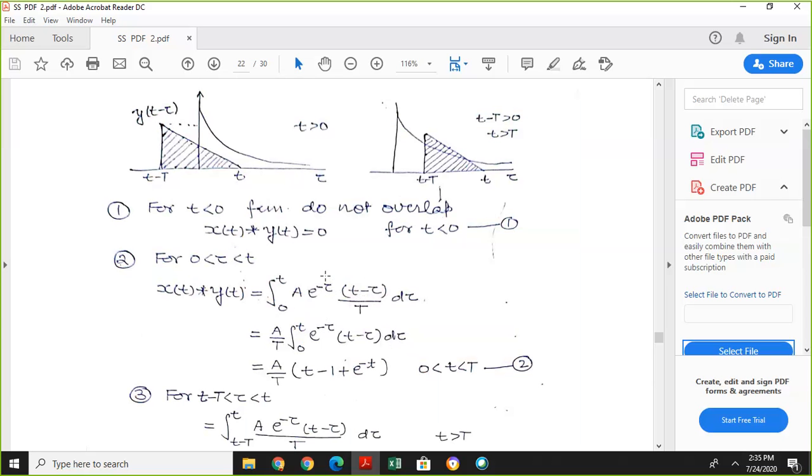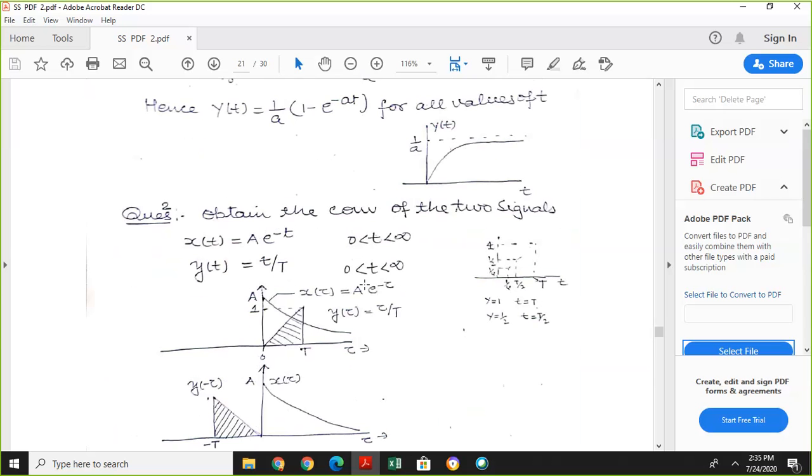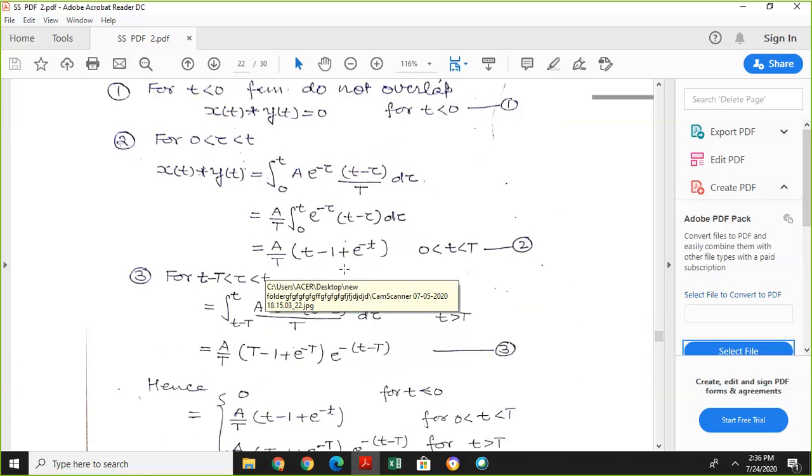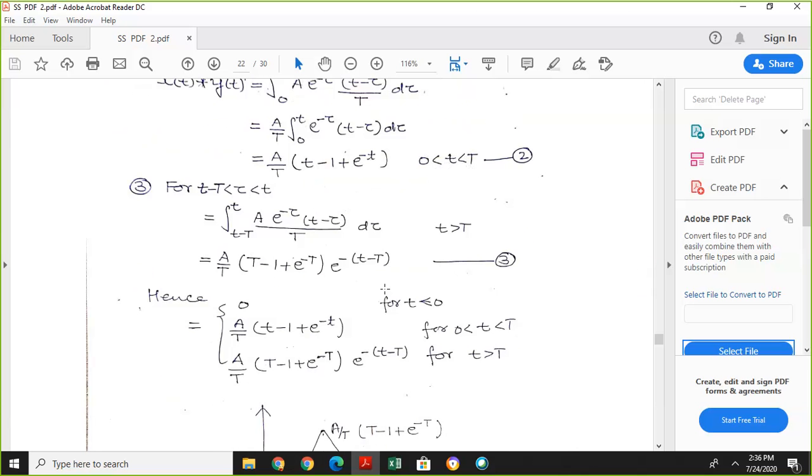Simply t is replaced by tau, and y of t is given by t by T. This t is replaced by t minus tau. So if we integrate this equation and substitute the limits, we get the final output. And this is for when t is less than capital T and greater than 0.